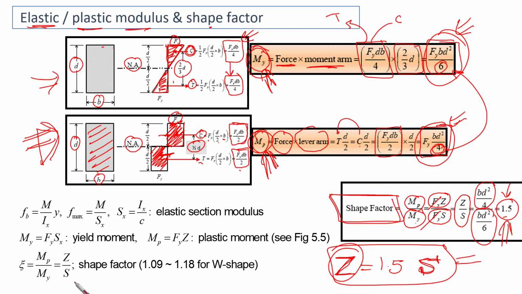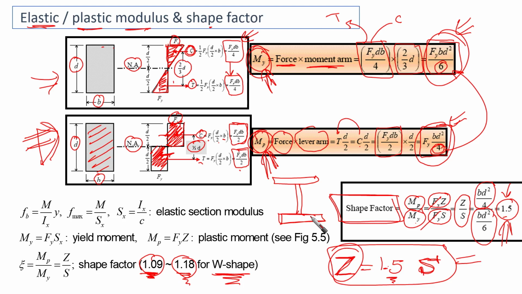So these are actually the shape factors. If we talk about wide flange shapes, it is going to range from 1.09 to 1.18. It is much less than 1.5, because our area is concentrated at the edges of the cross section, not like the rectangular section.